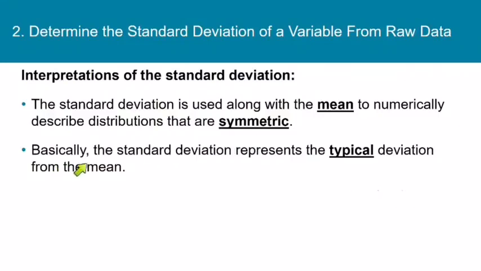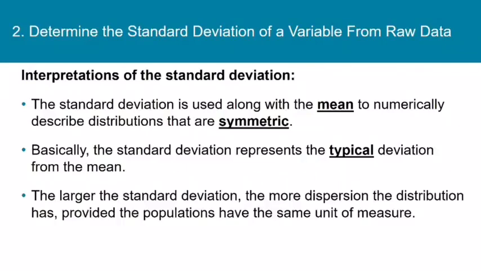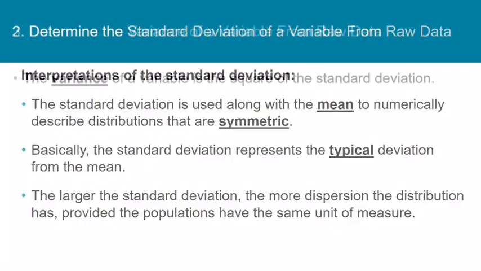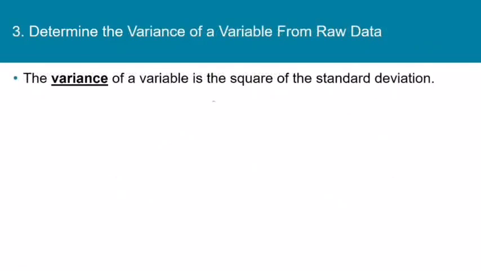And again, basically the standard deviation represents the typical deviation from the mean. The larger the standard deviation, the more dispersion or spread the distribution has, provided the populations have the same unit of measure.